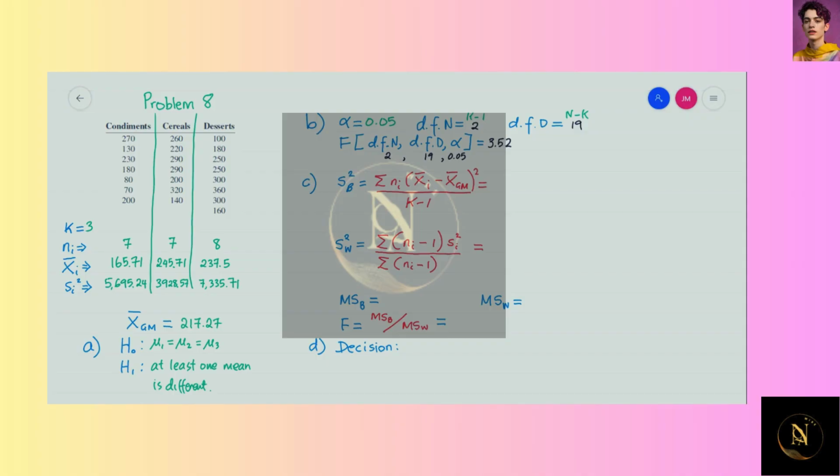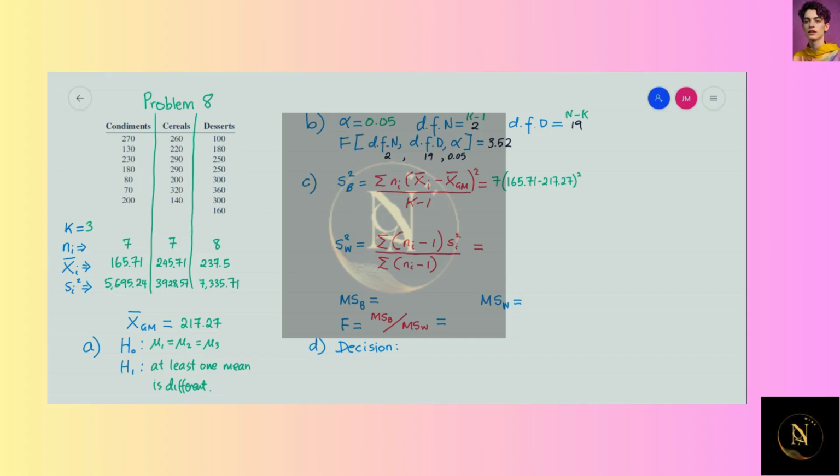So for condiments, we have a sample size of 7. The mean for condiments is 165.71. Then you subtract the grand mean, 217.27.